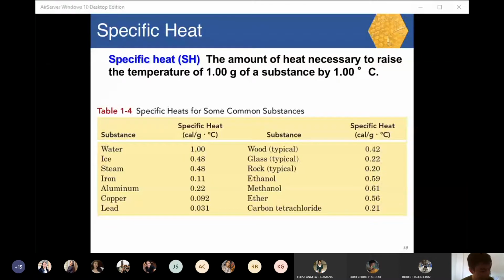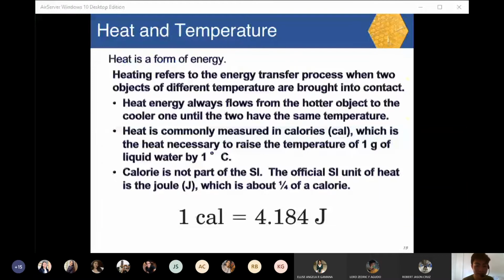So, again, ano uli ginawa natin? Sabi natin, heat is a process of transferring thermal energy. We can measure that using temperature scales, and the unit we use usually is calories or joules.